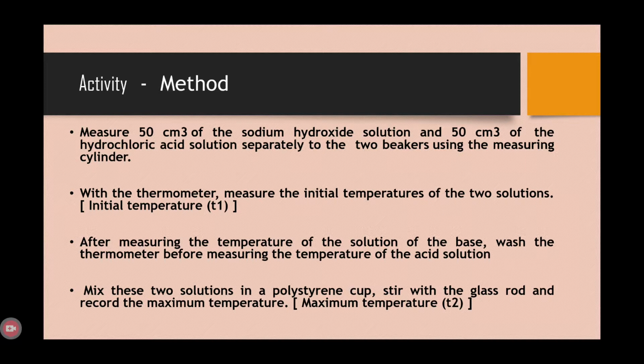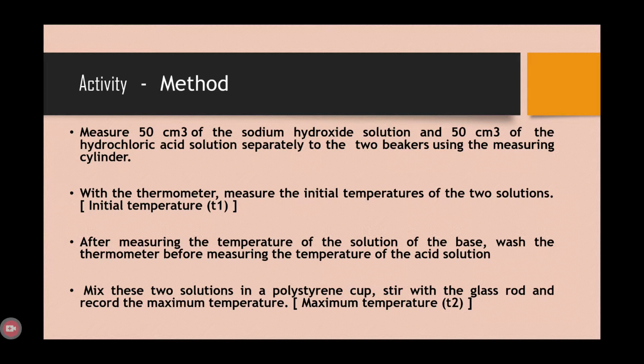So the mean temperature is 30.5 degrees Celsius. If these two solutions have the same temperature, no matter. If the temperatures are separate, you have to calculate the mean temperature, the initial temperature. Let's assume that it's T1.